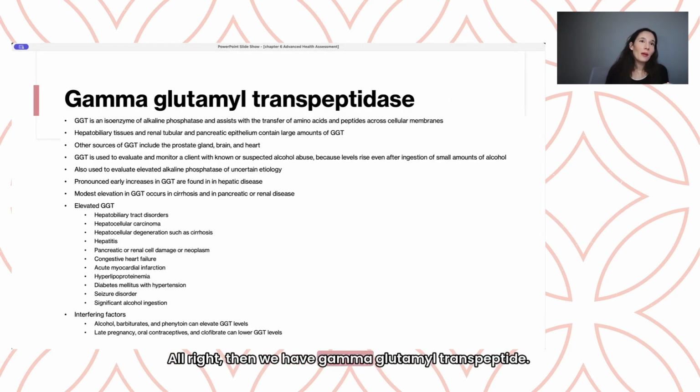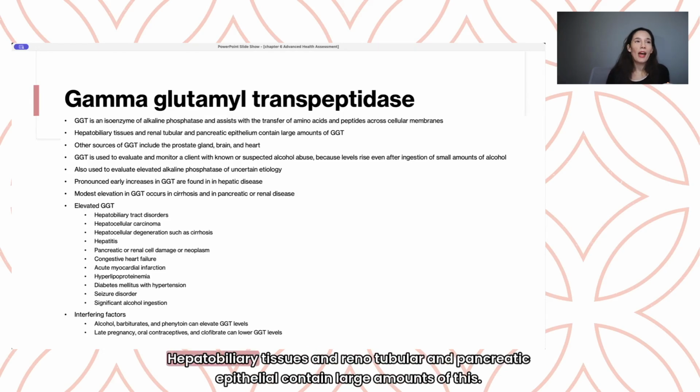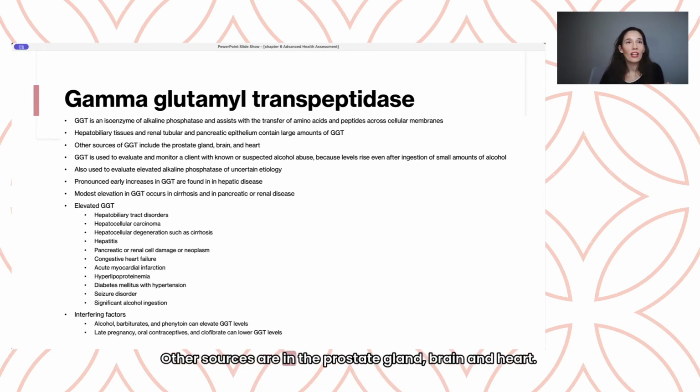All right, then we have gamma glutamyl transpeptidase, so GGT. It's an isoenzyme of alkaline phosphatase and assists with the transfer of amino acids and peptides across the cellular membrane. Hepatobiliary tissues and renotubular and pancreatic epithelials contain large amounts of this. Other sources are in the prostate gland, brain, and heart.